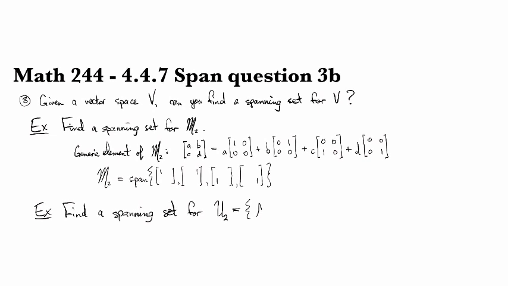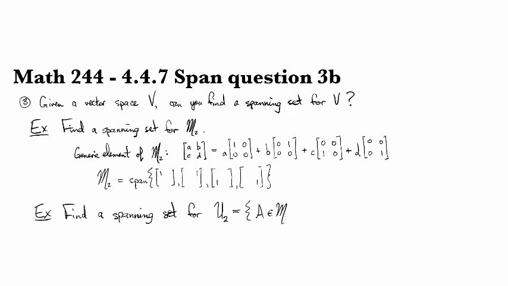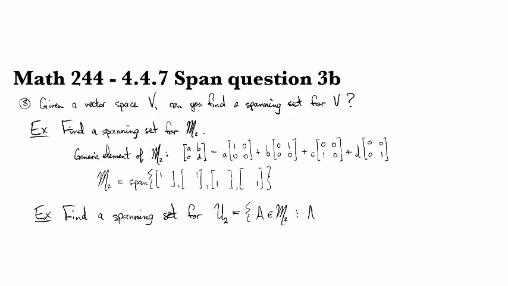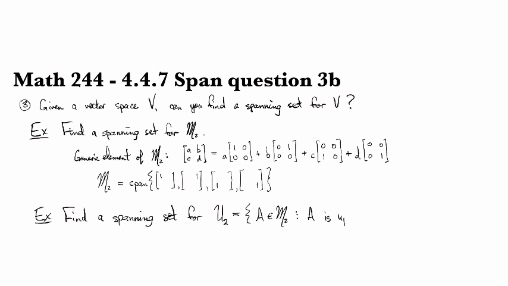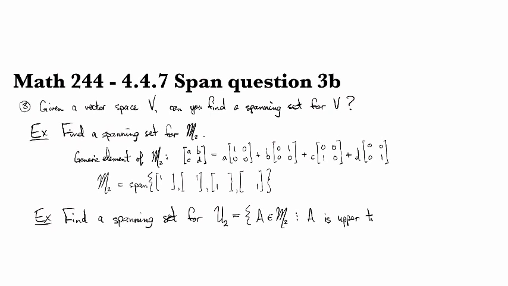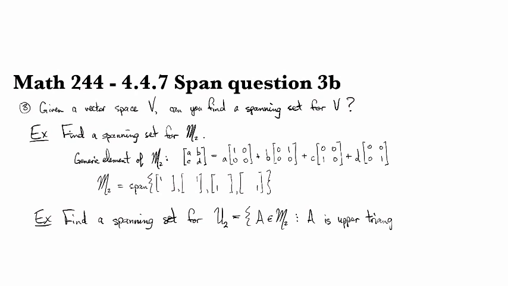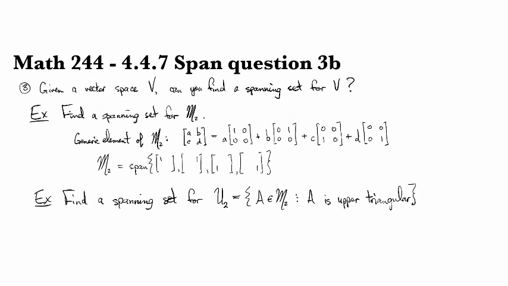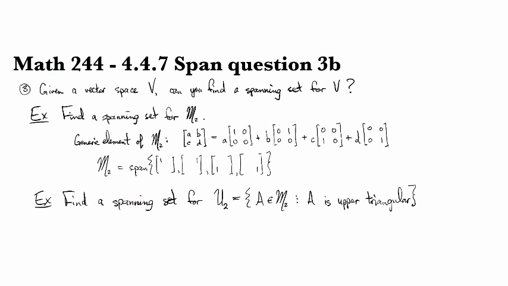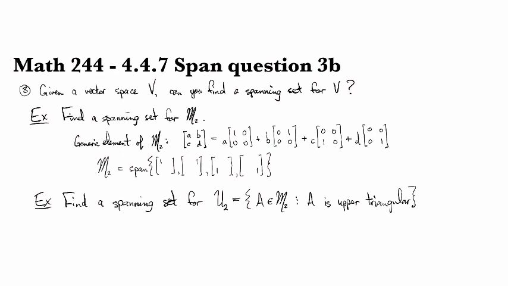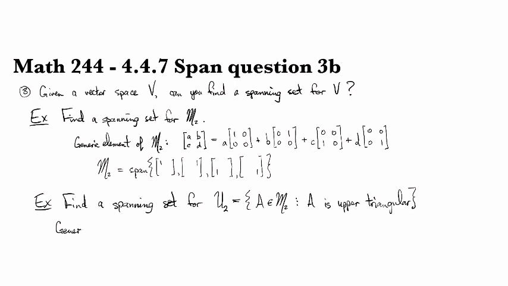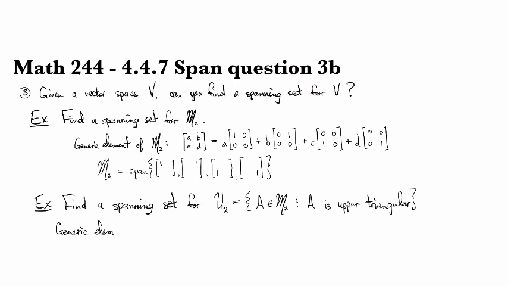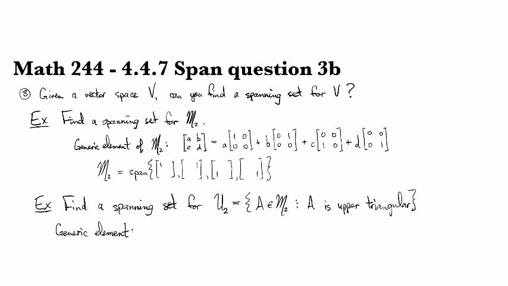This is going to be all of the elements of M2 which are upper triangular. So what is a generic element of this vector space look like?